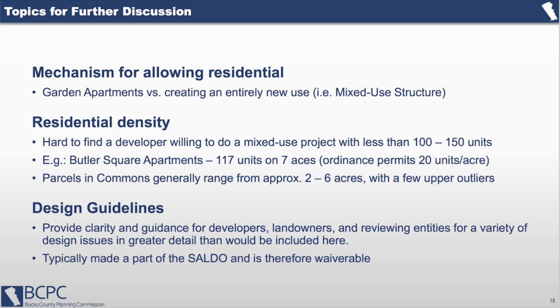We did have language stating that where the garden apartment is proposed, it can only occupy the second and third floors, with the first floor of the building being a non-residential use. That's one approach. Another approach that we had considered was creating an entirely new use.